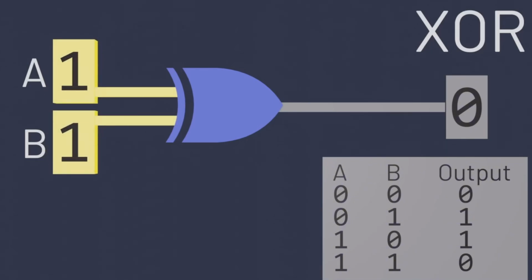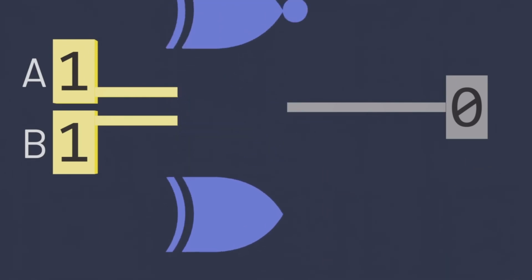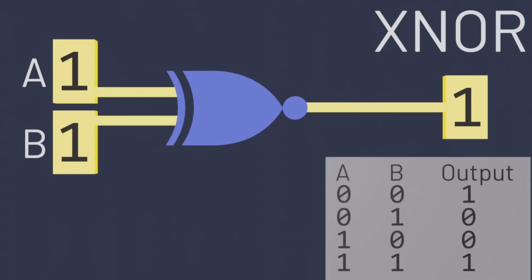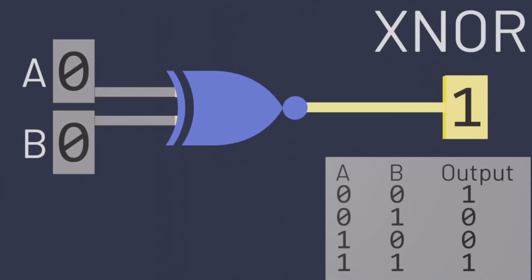And just for completeness' sake, there's also a gate for inverting the exclusive OR gate, the exclusive NOR gate. This gate does the opposite of what exclusive OR does. While exclusive OR will output a 1 when the two inputs are different from each other, exclusive NOR will output a 1 when the two inputs are the same, both zeros or both 1s.